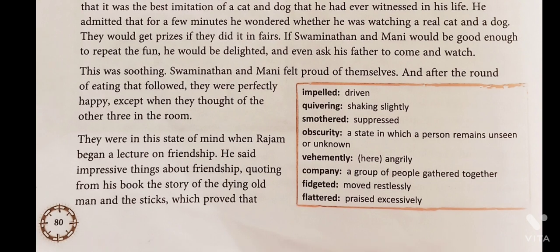So right now, the mood is getting under control. This was suiting Swaminathan and Mani felt proud of themselves. Like Mani and Swami is like, haha, I know we are good actors, we are good artists. And after the round of eating they followed, they were perfectly happy except when they thought of the other three in the room.